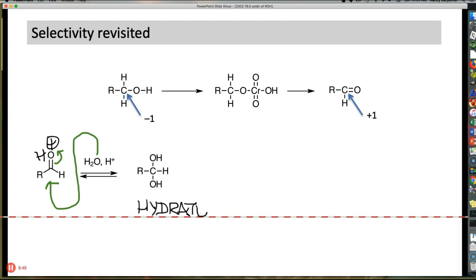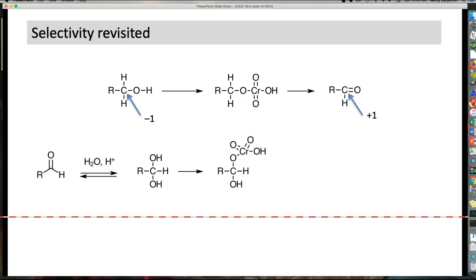And as you can see, once the hydrate is formed, what do I have? I have the key requirements for further oxidation to take place, because that can react with the chromic acid that's still present to make that darn intermediate again.